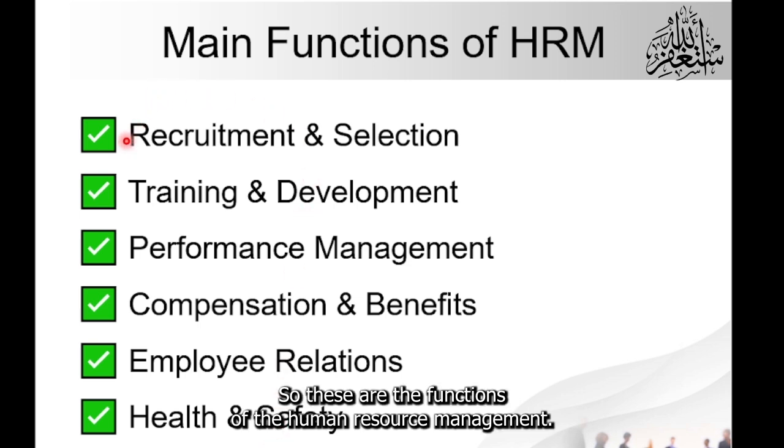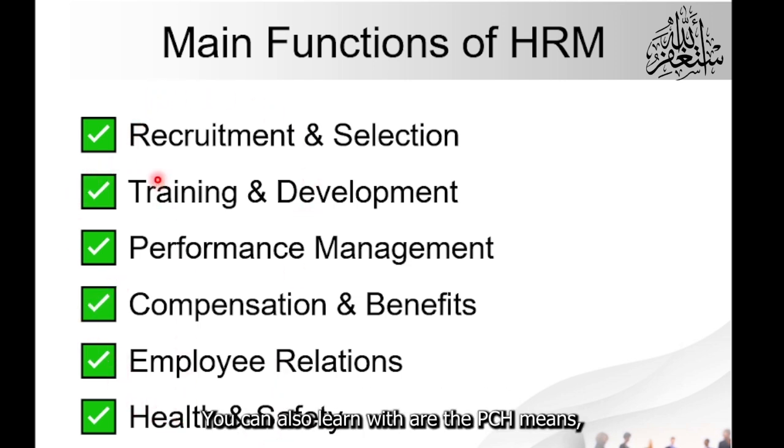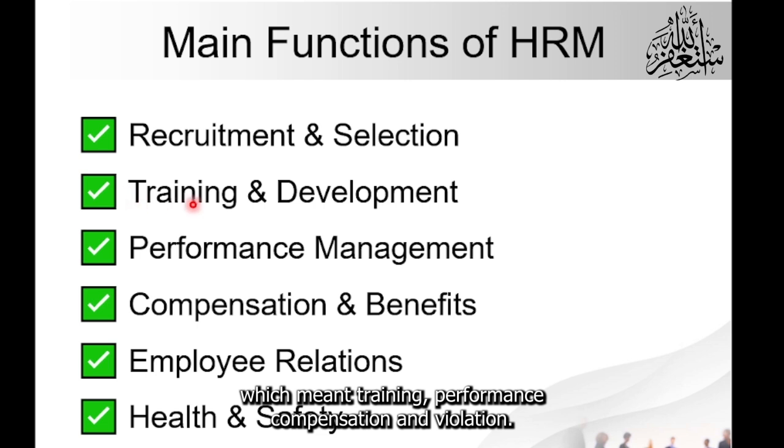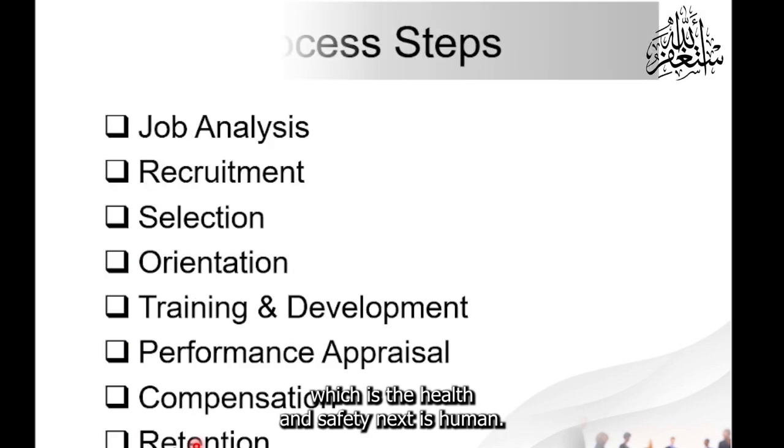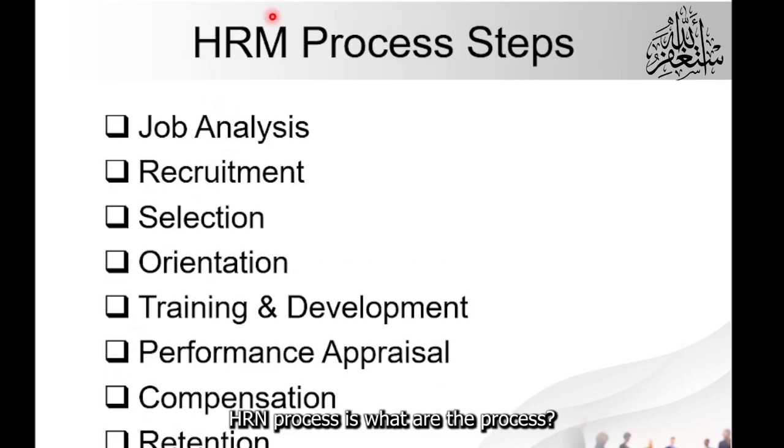So these are the functions of human resource management. You can also learn them with RTPCEH, meaning recruitment, training, performance, compensation, employee relations, and last but not the least, health and safety.